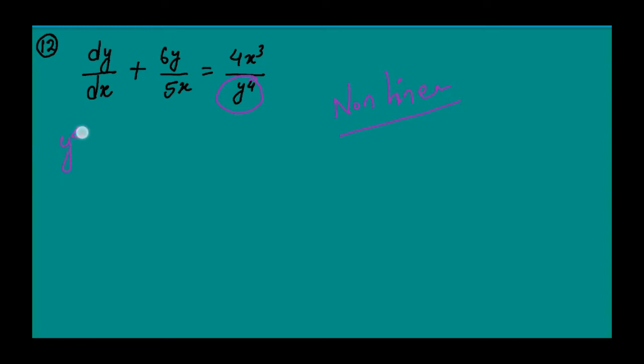y to the power 4 dy by dx plus y to the power 4 into 6y by 5x is equal to 4x cube, and here it will be y to the power 4 dy by dx plus 6 y to the power 5 by 5x is equal to 4x cube.